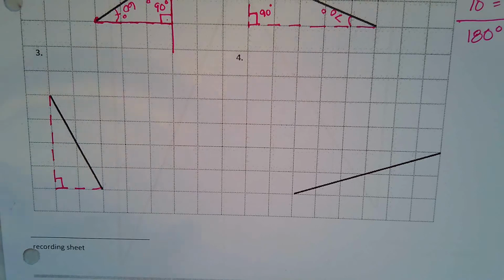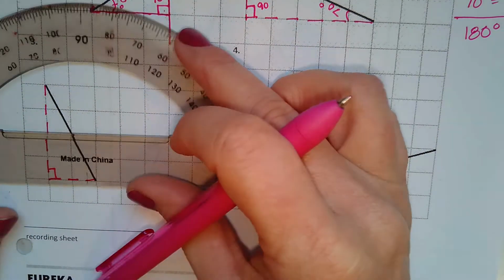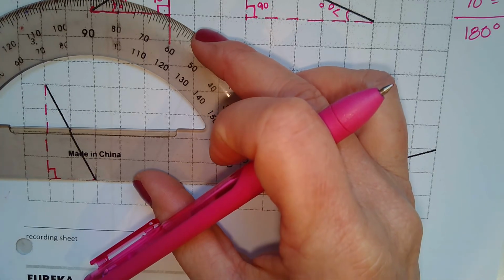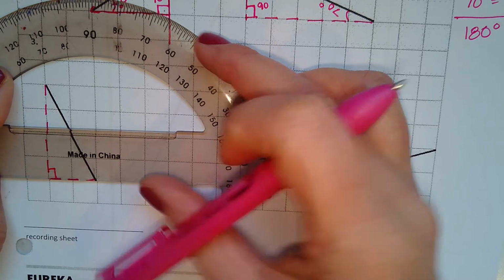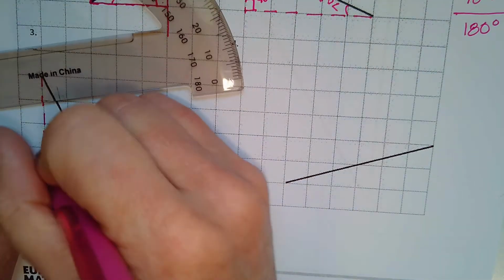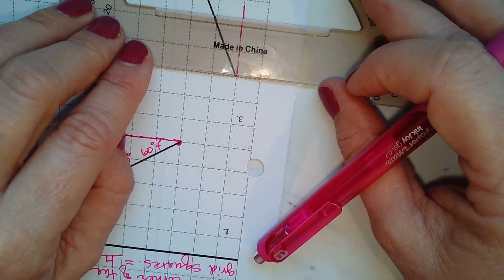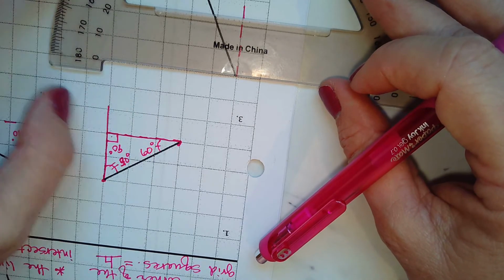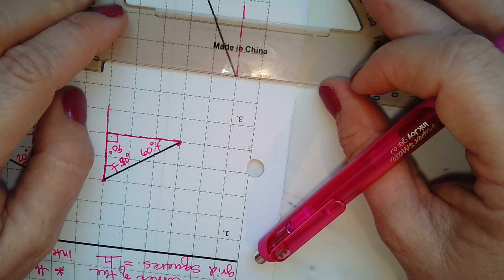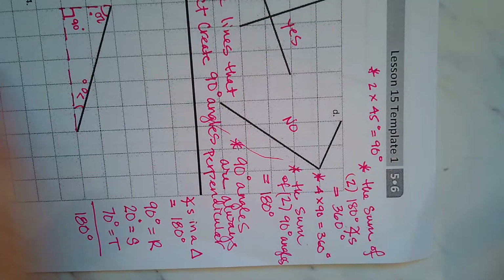Let's measure this line here. That's going to give me about 60, I'm going to say. And that's going to give me, oh, that one's giving me 62. So maybe I'm not doing something right. So let's take a look again at our angle.